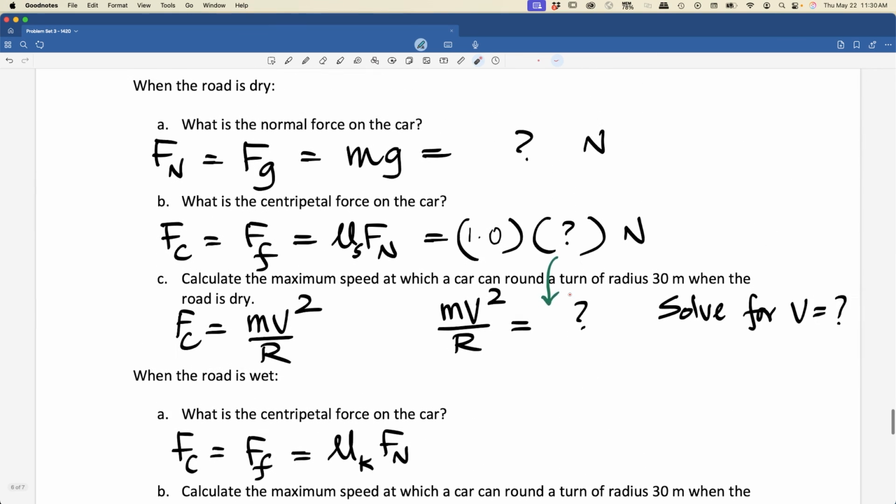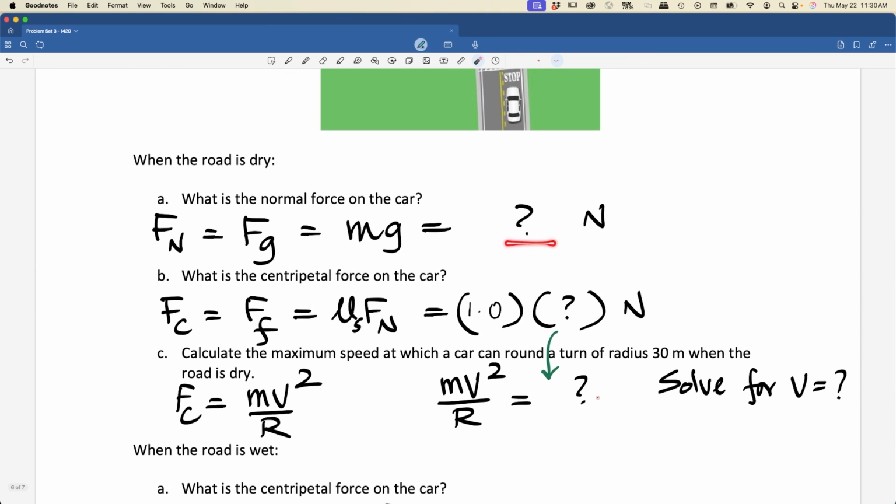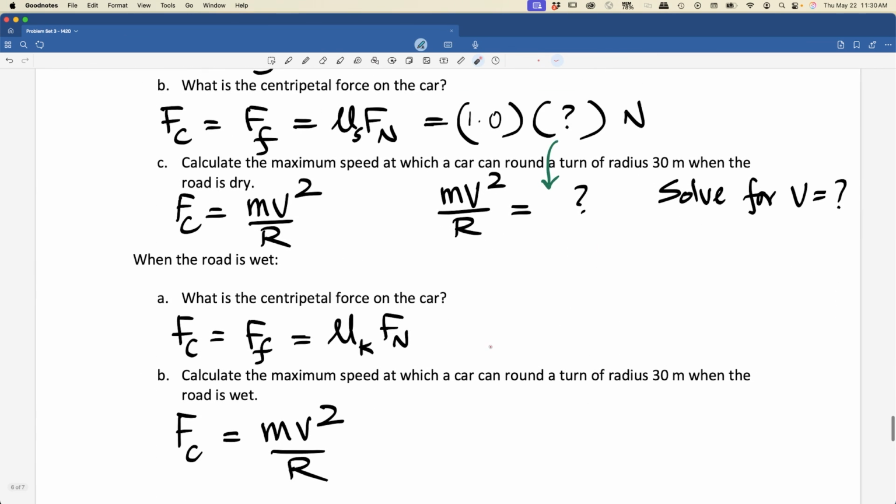Now F sub n is the same as what you got here, okay? 0.5 times. And then just like we did for part C, calculate the maximum speed. But this time use the answer here and set it equal to mass times velocity squared by radius. I hope that makes sense, and solve for velocity, okay?